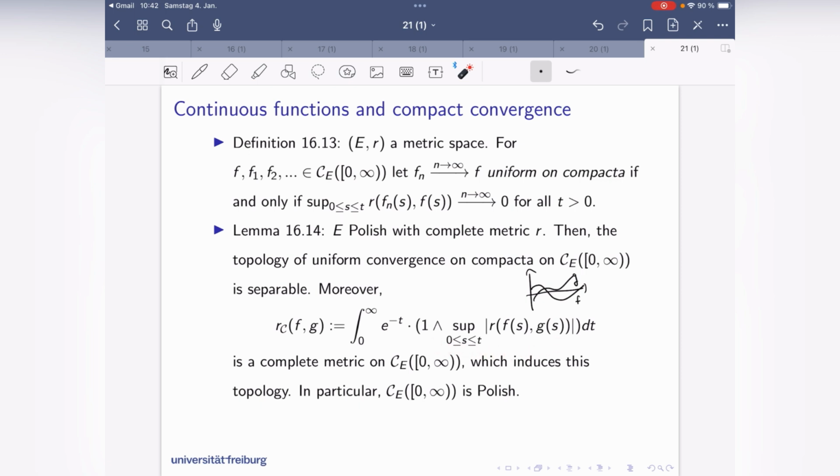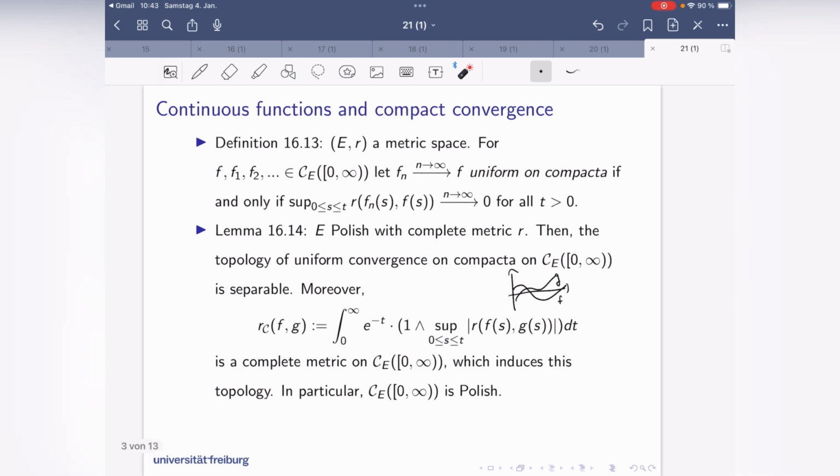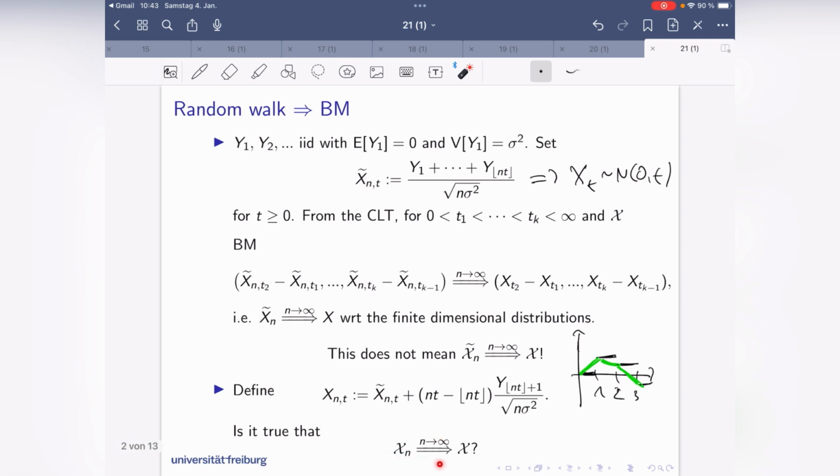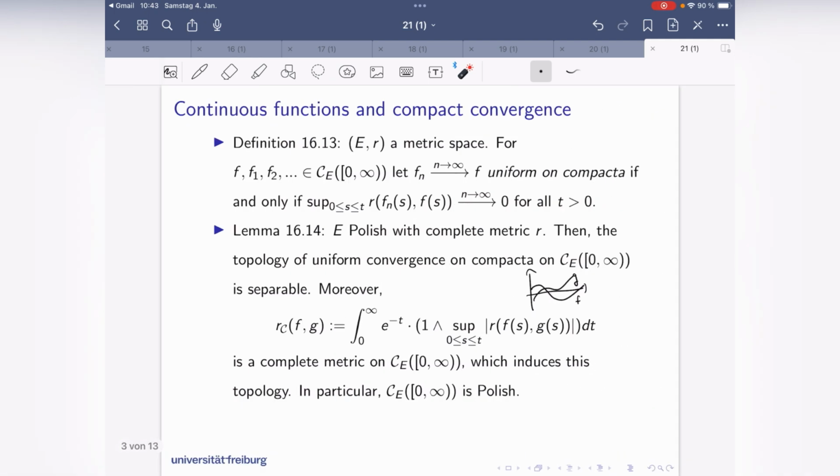And you discount all this by e to the minus t, meaning that if the distance is further for larger t, it doesn't count as much. But this metric induces the uniform topology for convergence on compacta and makes C a Polish space. So now we have everything. And now the weak convergence makes sense, and the state spaces of the two things on the left and right hand side are in a Polish space.